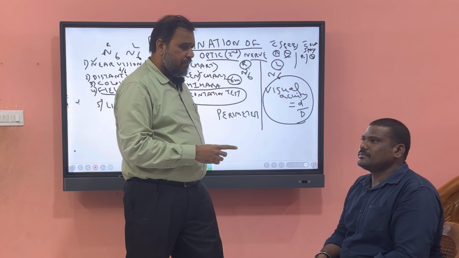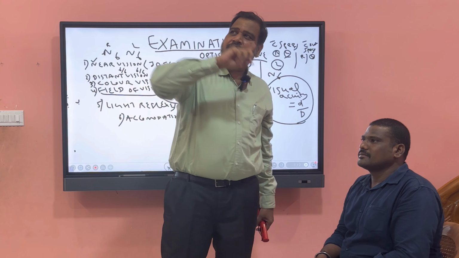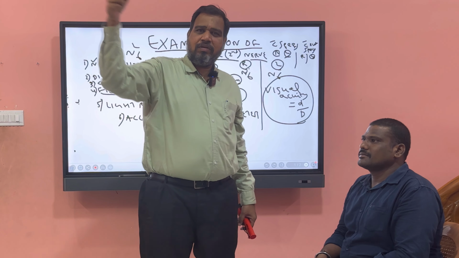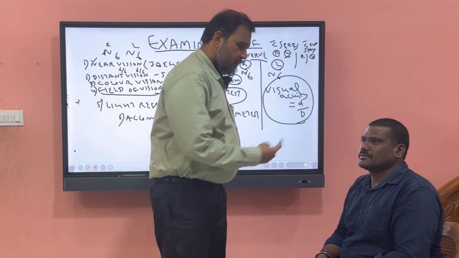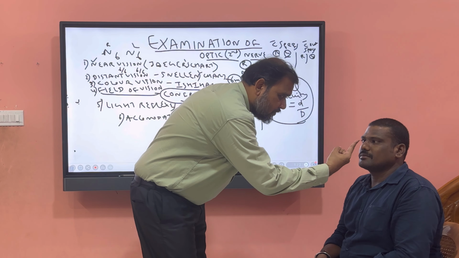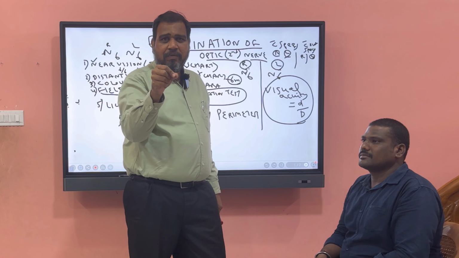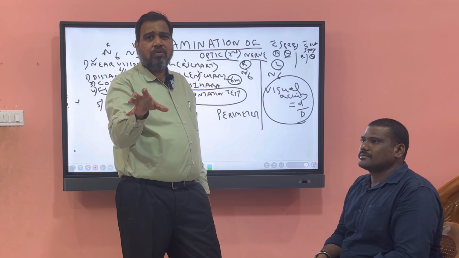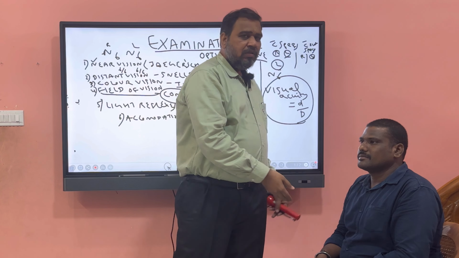I again repeat, accommodation reflex is asking the subject to shift suddenly from a distant object to a near object. So you can clearly see convergence of the eyeball, pupil constriction will be seen, and convexity of the lens is increased. All these 3 will be seen in accommodation reflex, which I am able to see.